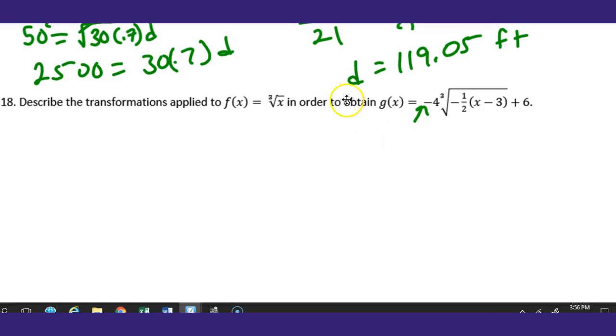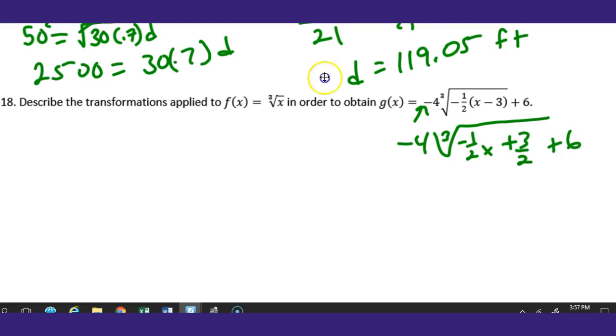So doing so, we have negative 4 times the cube root of negative 1/2 x. And then we're going to multiply that to negative 3, so that gives us negative 3/2. Actually, positive 3/2 because negative times negative is positive. And then outside we have plus 6, all right, outside the radical. Here, I'm going to move that over because I don't want that to be confused. So plus 3/2 plus 6. I like it really outside.